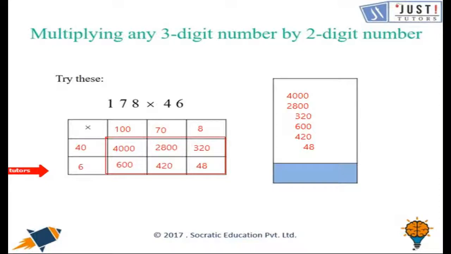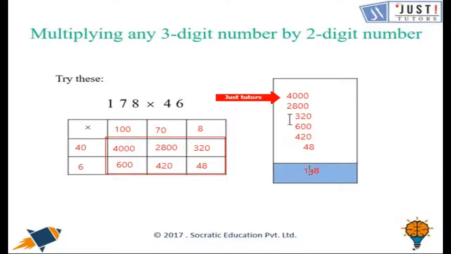So we will begin with the ones here. So 0 add 8 makes an 8. Then 2 add 2 makes a 4, and 4 add 4, 8. Then 8 add 3 is 11, 11 add 6 is 17, and 17 add 4 is 21.